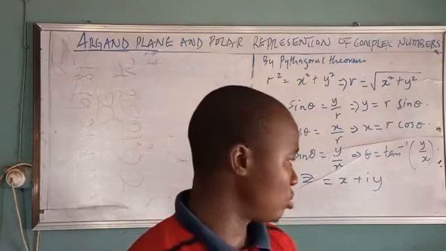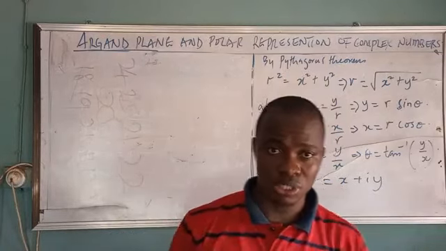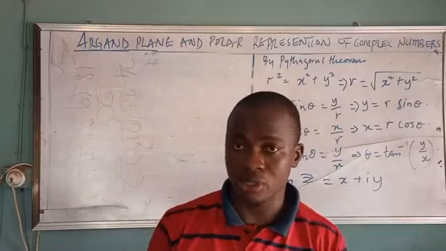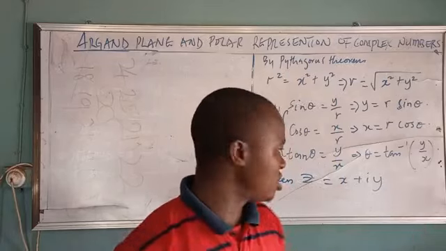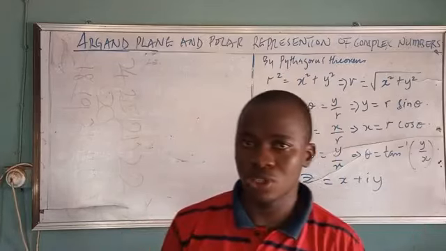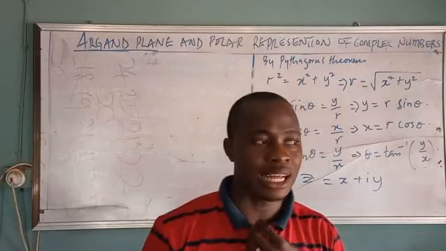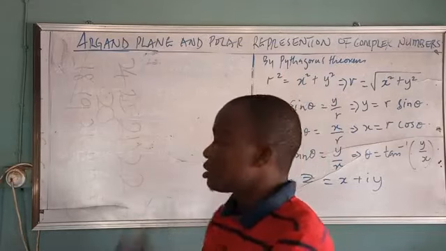Don't be confused. I've been using a and b to denote my real and imaginary parts, but here I decided to use x and y because we are dealing with the Argand plane.